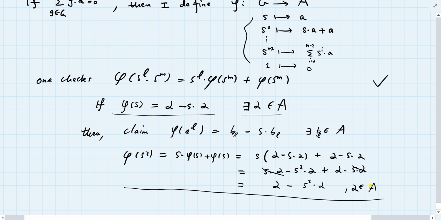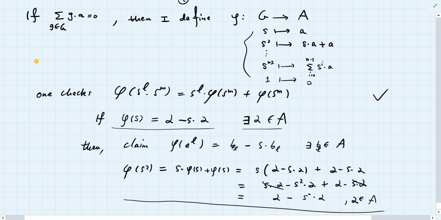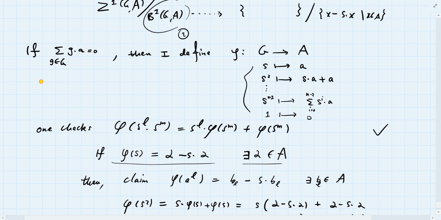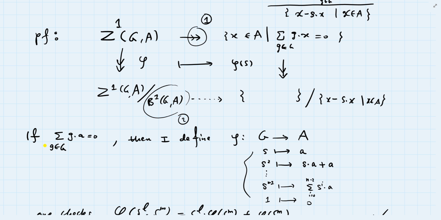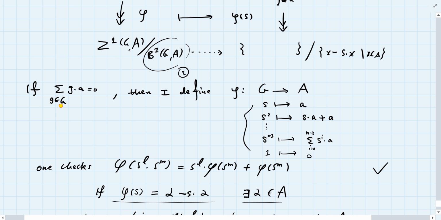It means that all the kernel of this map comes from here, and you are left to say that all the elements here map into 0.